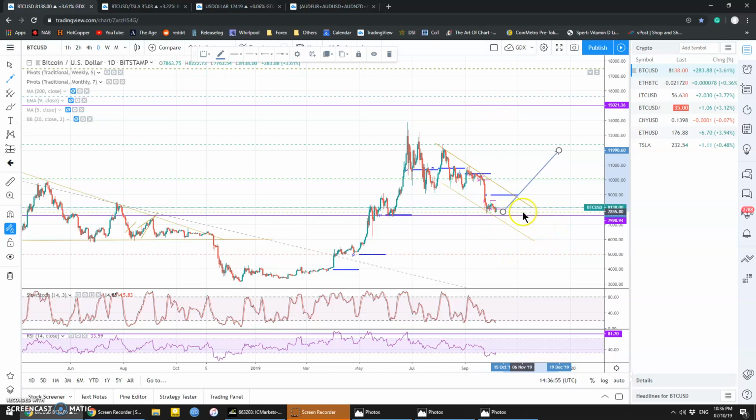Based on those fundamental reasons, and technically we are setting up a divergence, all we need is a nice lower low at around 7,005, 7,006, and we've got a good setup for what could be quite a significant bullish move, up to at least 10 to 12,000.